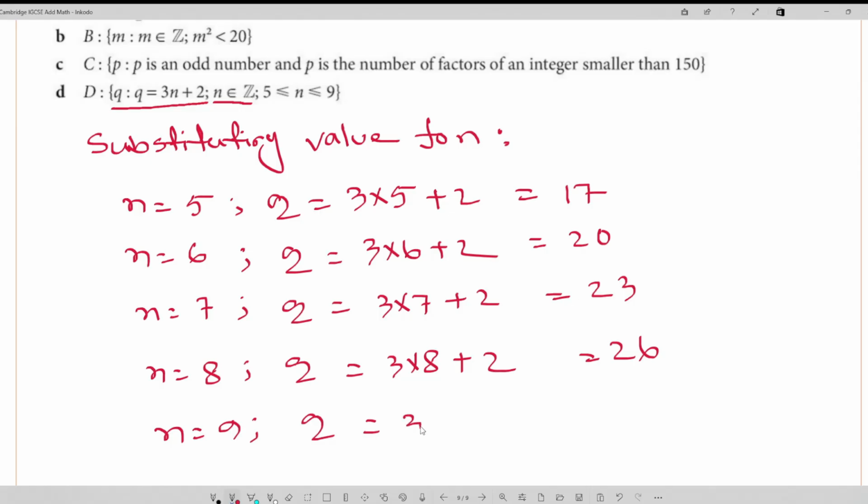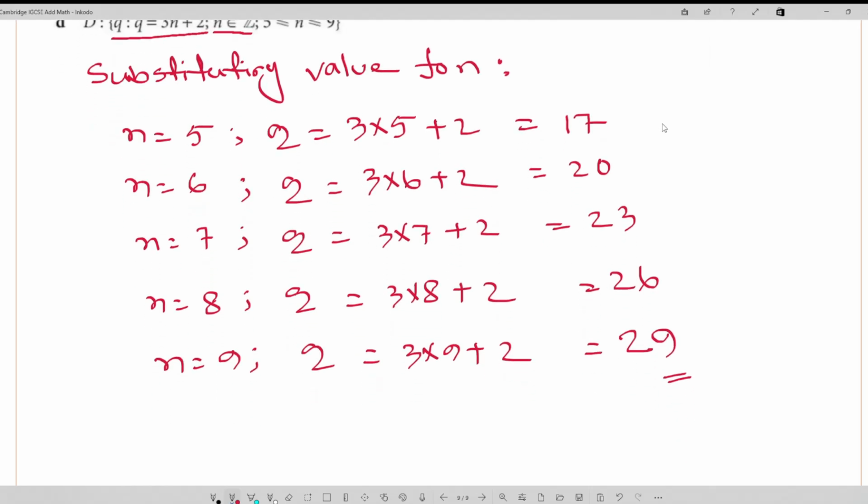Q equals 3 times 9 plus 2, 3 times 9 is 27, 27 plus 2 is 29, and this is our answer. So our set D equals 17, 20, 23, 26, 29.